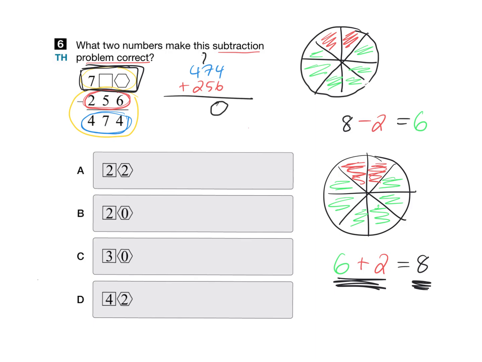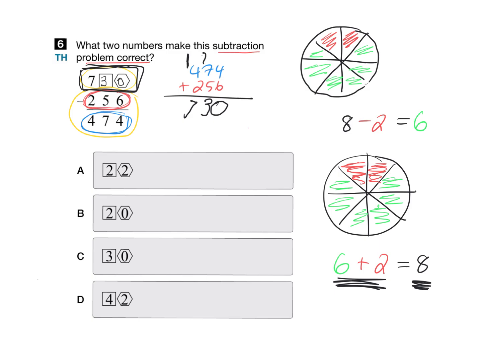And then 8 plus 5, 8, 9, 10, 11, 12, 13. Good. Put the 3 over here and carry the 1 over. Then you add 5 plus 2, 5, 6, 7. So you put the 7 here. So the answer is 730.